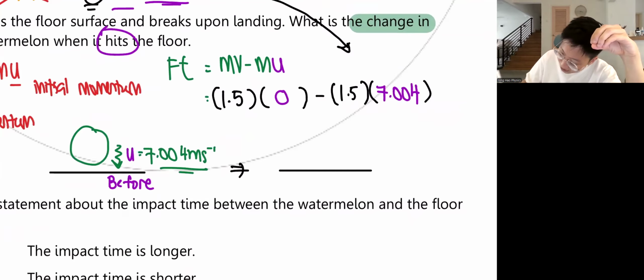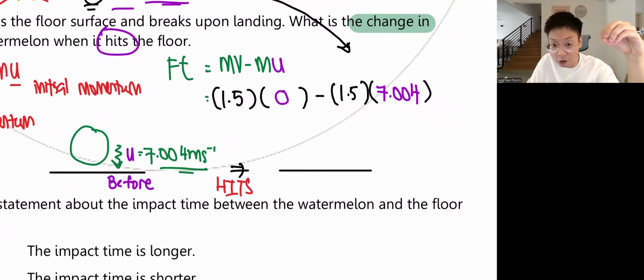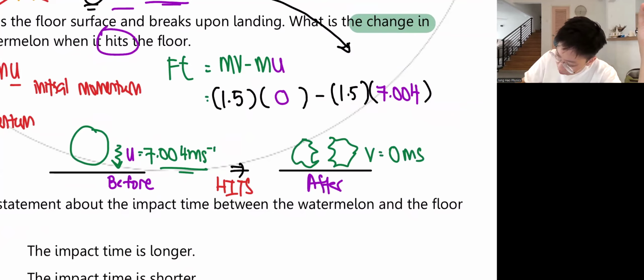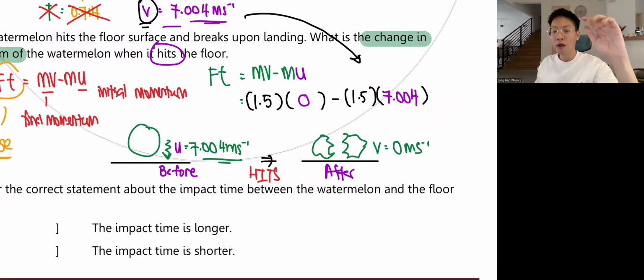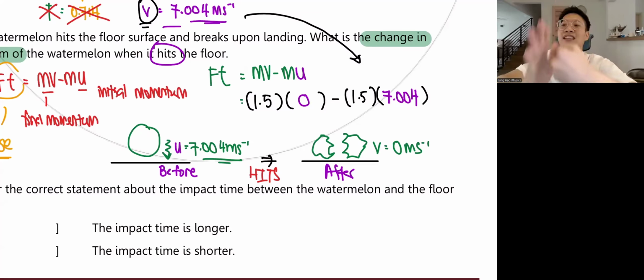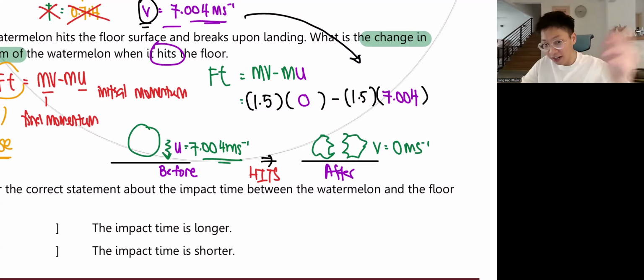Because now this is the process of hitting the floor. After hitting the floor, how do I draw a broken watermelon? So the final velocity will be 0 meter per second already. So the 7 is right before the floor, 0 is after the floor. So that's why we have U and V. This explains why we switch it around.